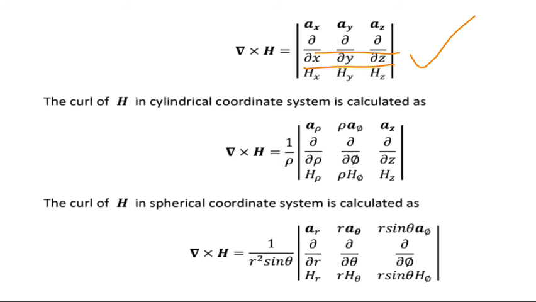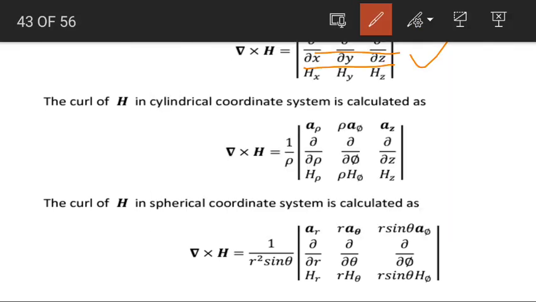If the magnetic field intensity is in the cylindrical coordinate system, then we calculate the curl of the magnetic field intensity with the help of this particular determinant. The curl will be equal to 1 by rho, then we have a rho, rho a phi, and az.